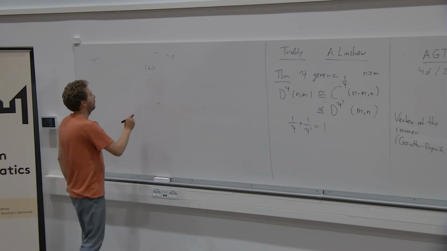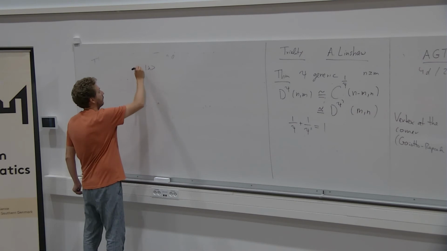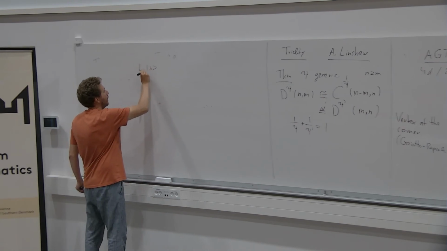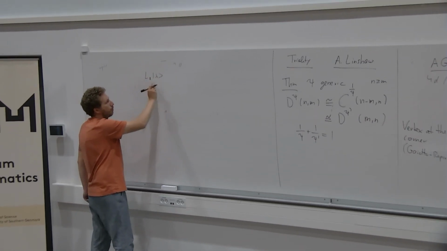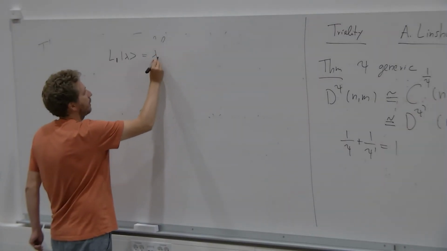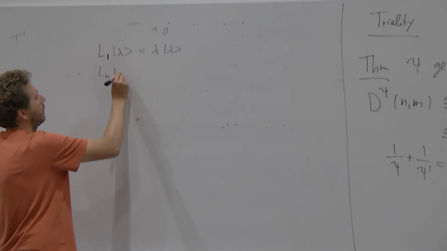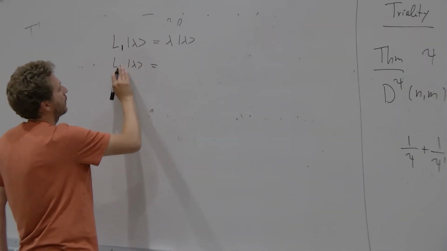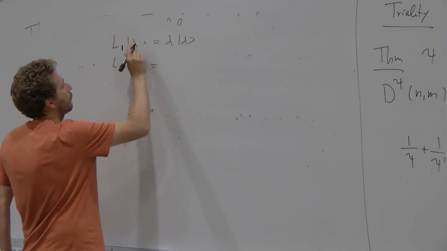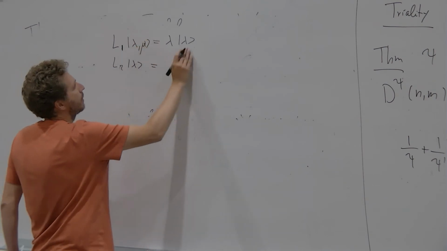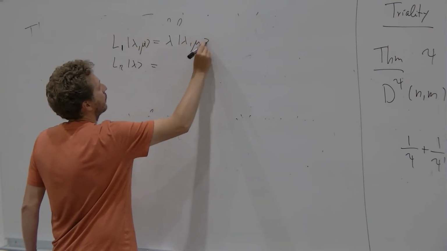So for example, a Whittaker vector for the Virasoro algebra of weight lambda is where the positive one mode acts by multiplication with lambda. For the Virasoro algebra, this is the most general Whittaker vector you can write down.